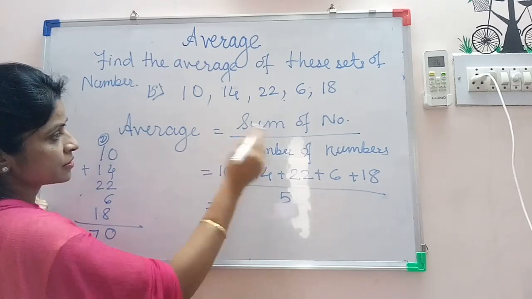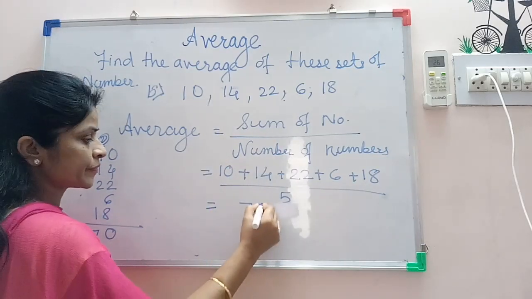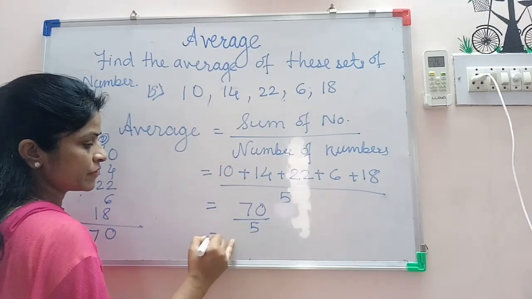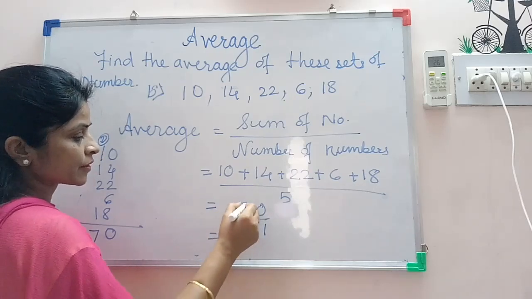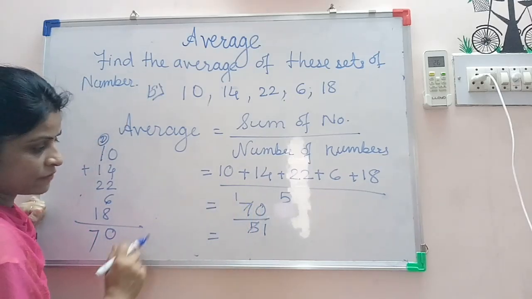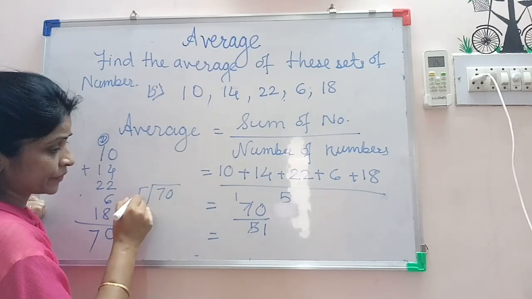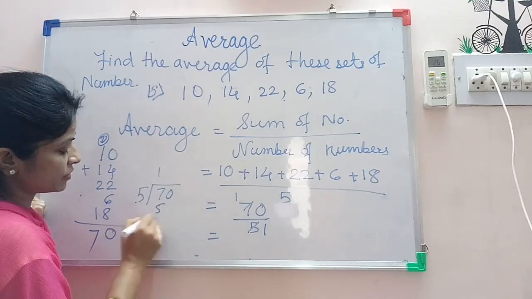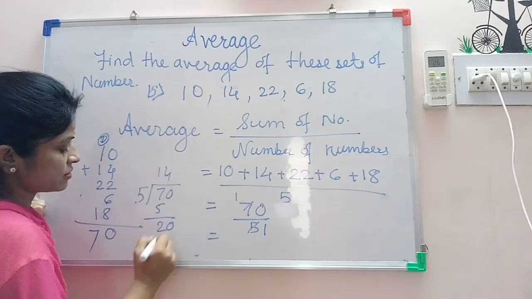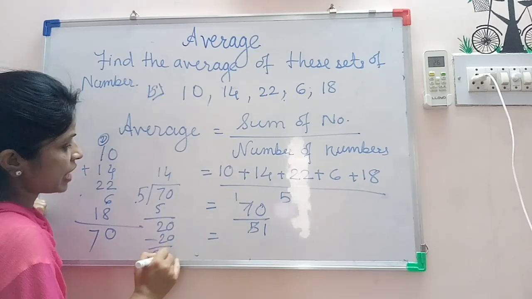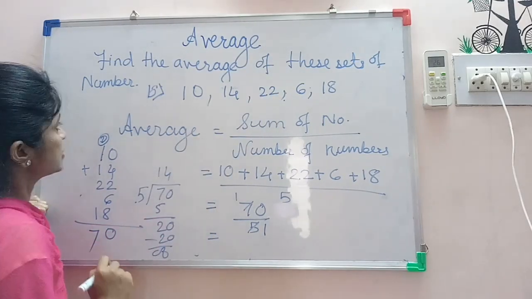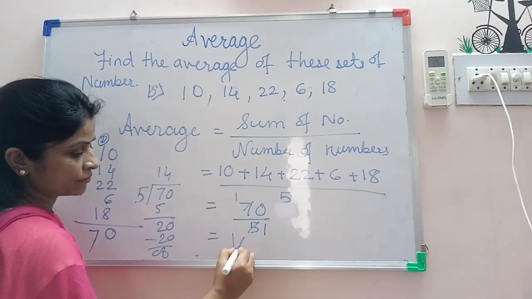That means the sum of numbers is 70 divided by 5. So divided by 5, 5 ones are 5. 5 fours are 20. So the average of the set of numbers is 14.